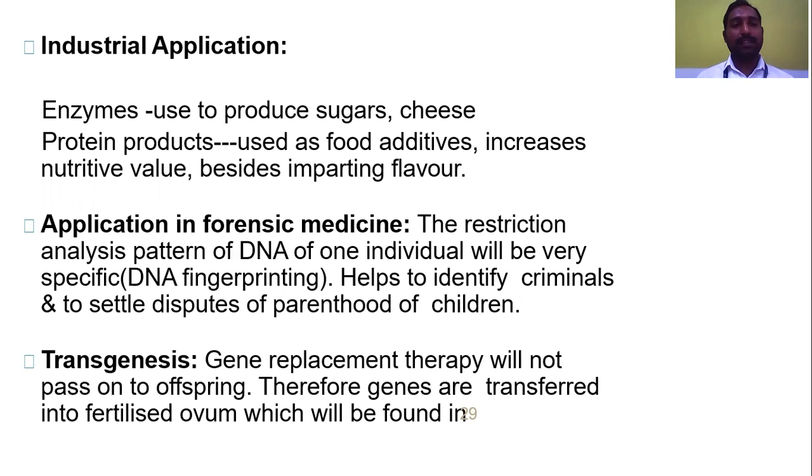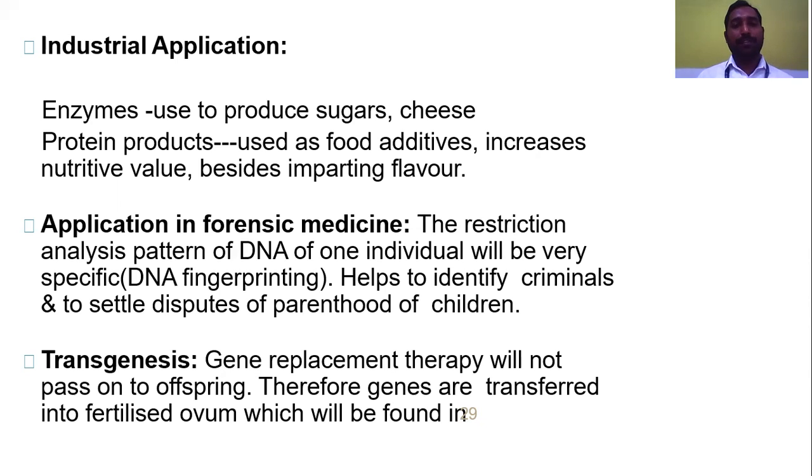This is another important area, industrial applications. Here we have enzymes. A lot of enzymes are used in industry, for example to produce sugars or cheese. Protein products are used as food additives, to increase nutritive value, or to impart flavor.